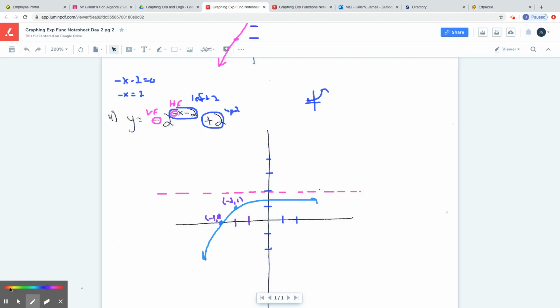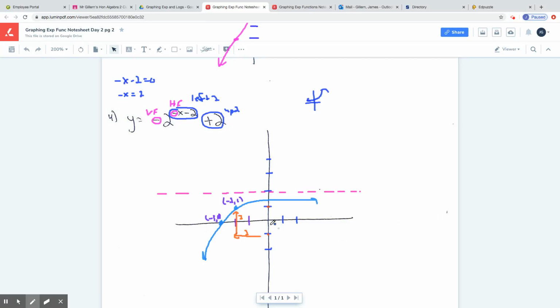All right. So let's just talk about how we got those points again, just to make sure. We started here. 0, 1 gets flipped to 0, -1 right here. When we flip it horizontally, it stays there. We move to the left 2, and then we moved up 2. That's how we got to -2, 1.